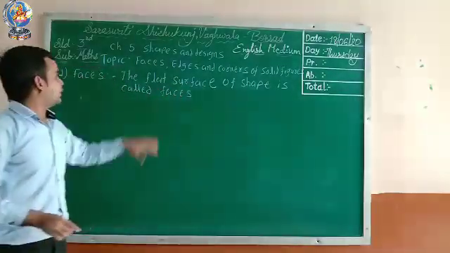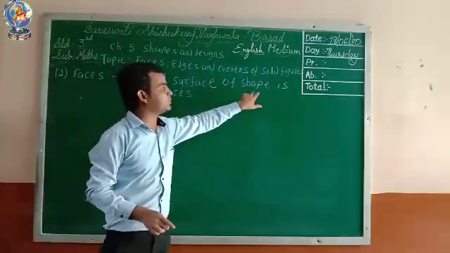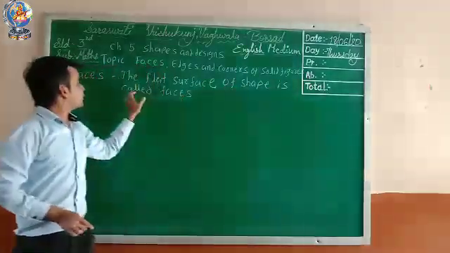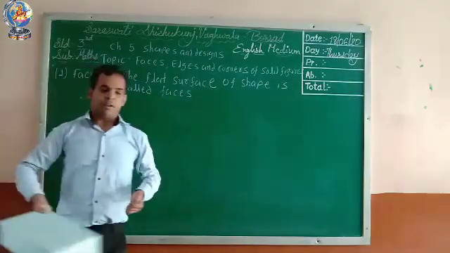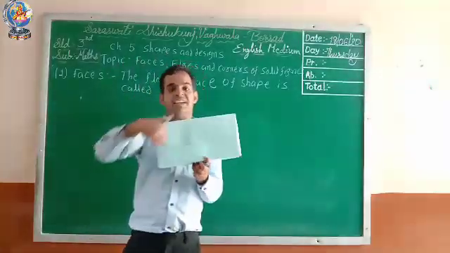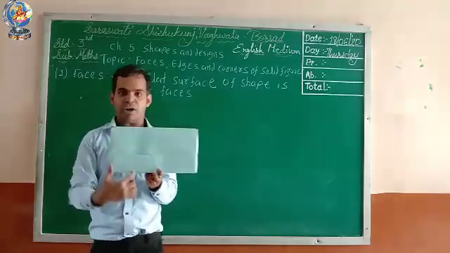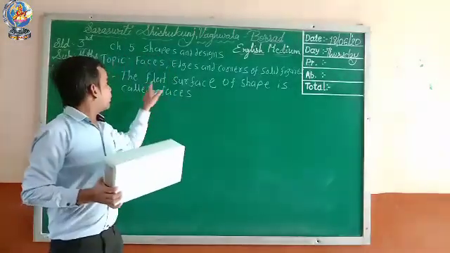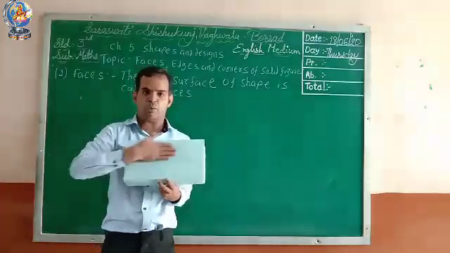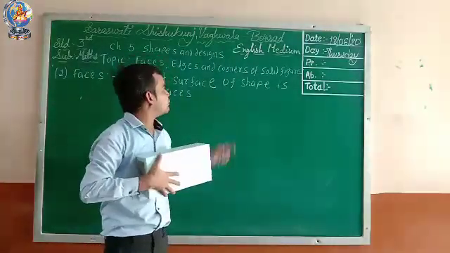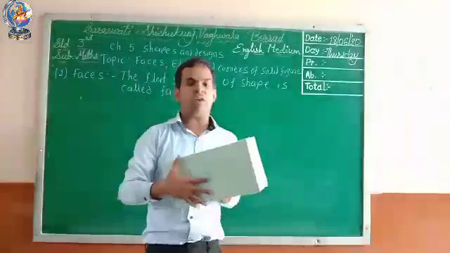Again I will read it: the flat surface of a shape is called a face. Here I will take one example. What is the shape? A cuboid shape. The surface of the cuboid shape is called its faces.